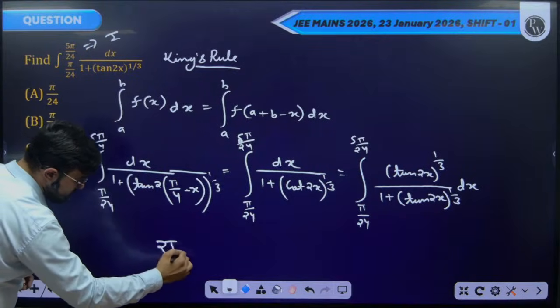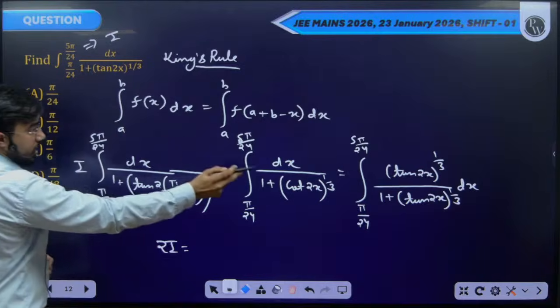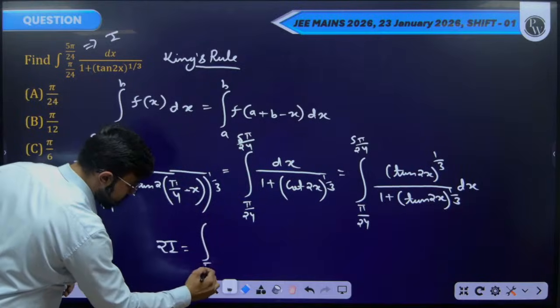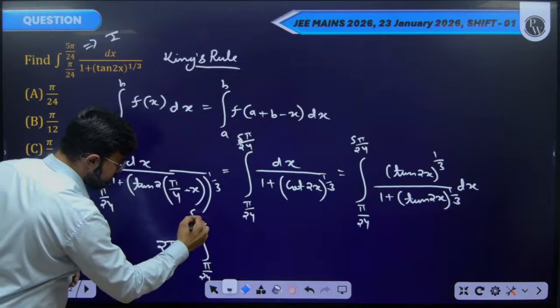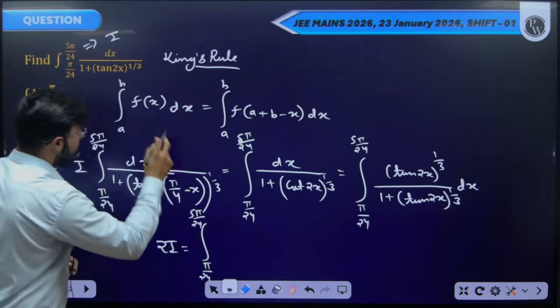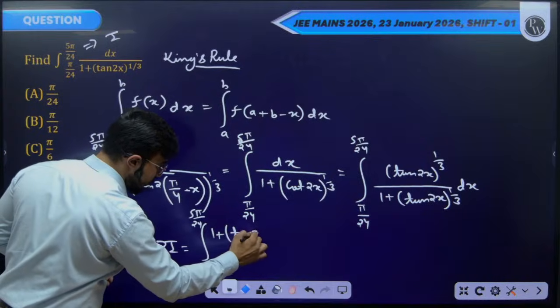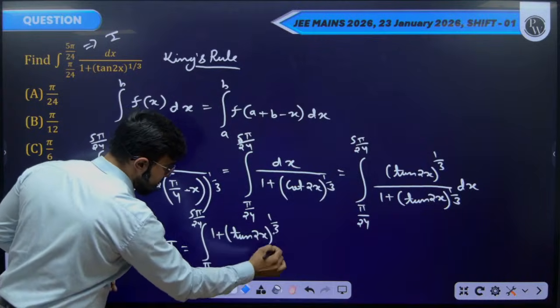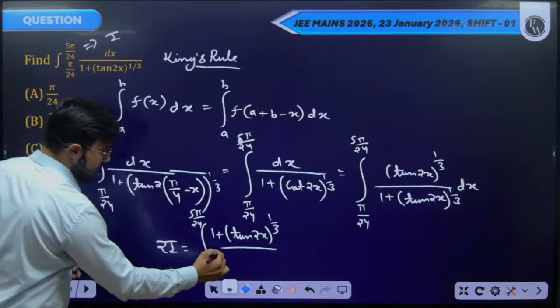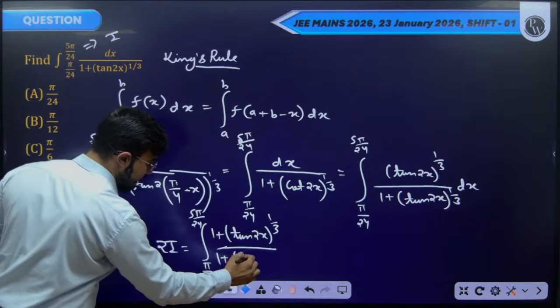I plus I is 2I. Add this integral also, 1 plus tan 2x power 1 by 3, because the denominators of both these integrals are the same, so you can add directly.